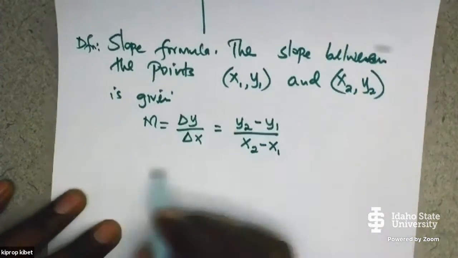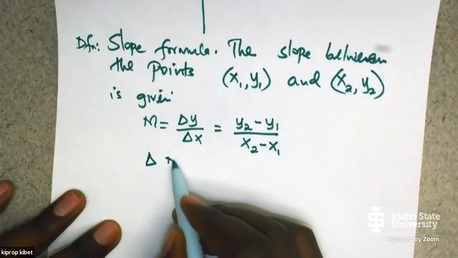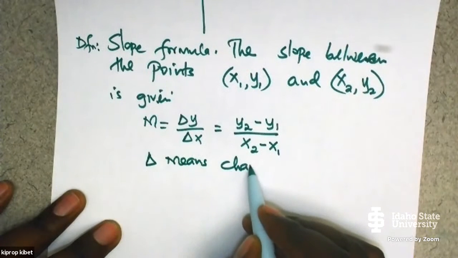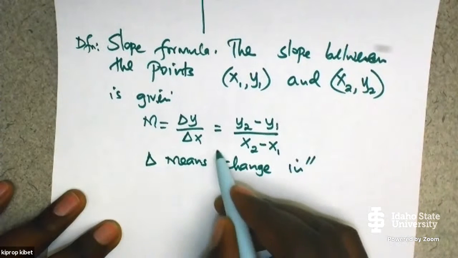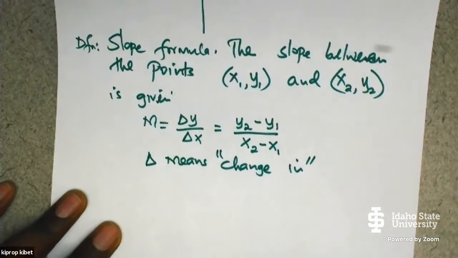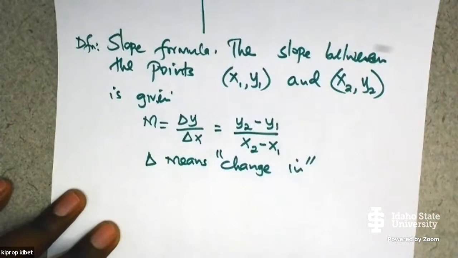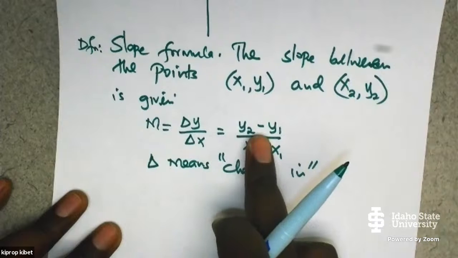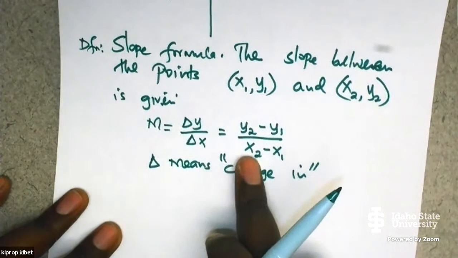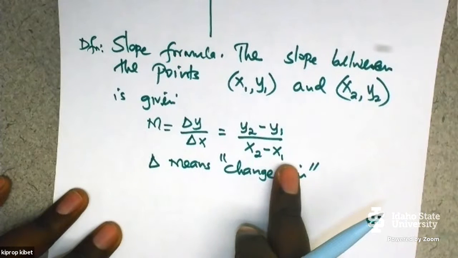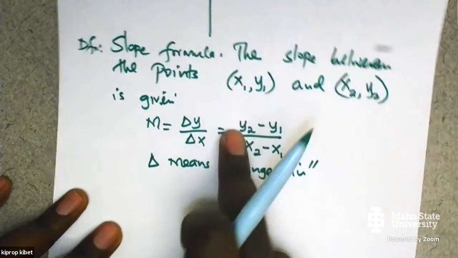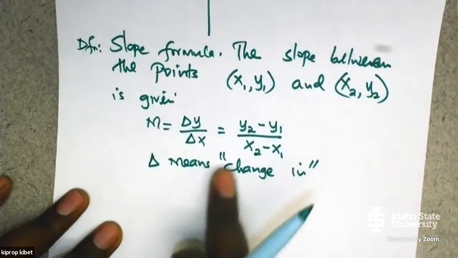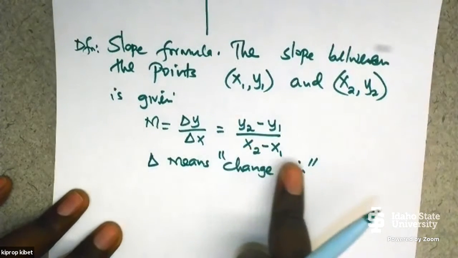And this change in means change. So it matters how you subtract the 2 coordinates there. If you start from y2 minus y1, then the denominator should be x2 minus x1. If you start from y1 minus y2, then the denominator should be x1 minus x2.